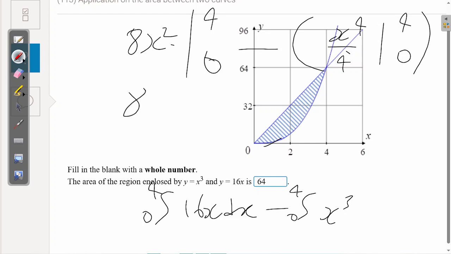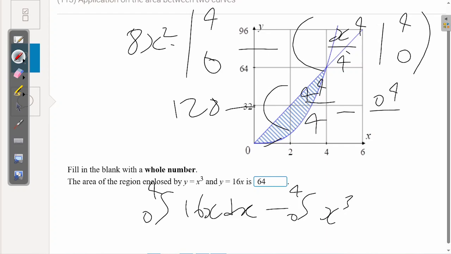It will be 8 times 4 squared minus 8 times 0 squared. So it will be 8 times 4 squared, which is 128, minus 4 power 4 over 4 minus 0 power 4 over 4. So it will be 64 here. So 128 minus 64 is 64.